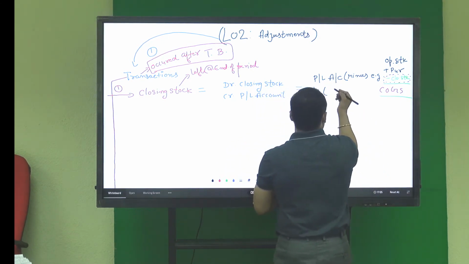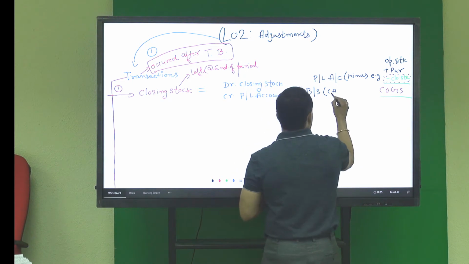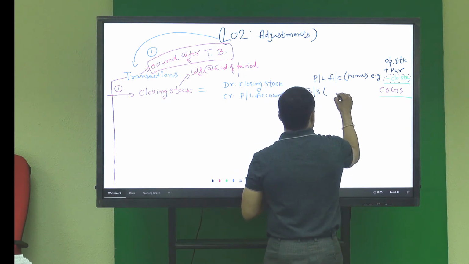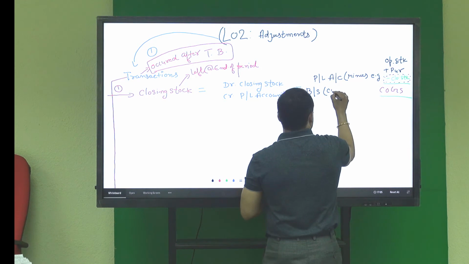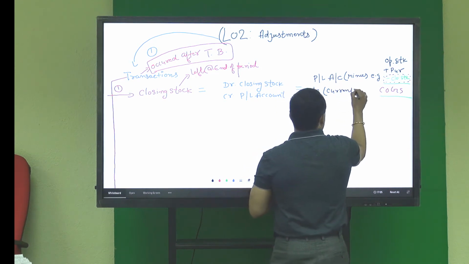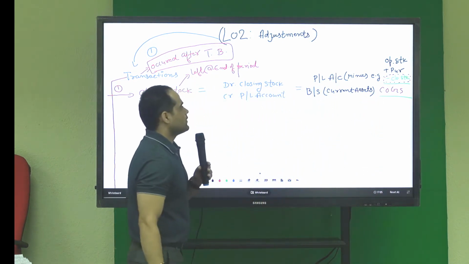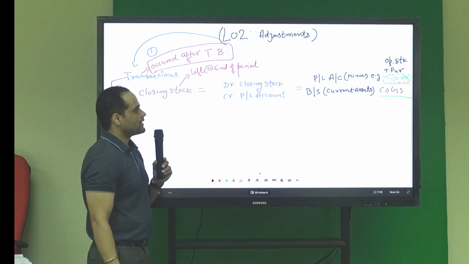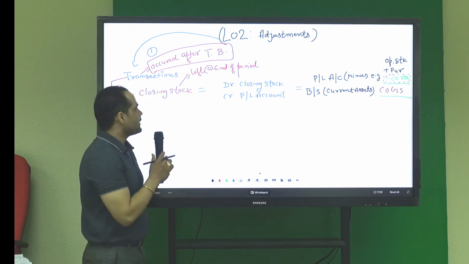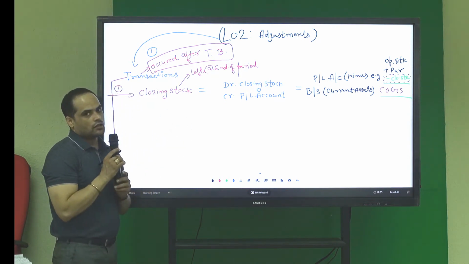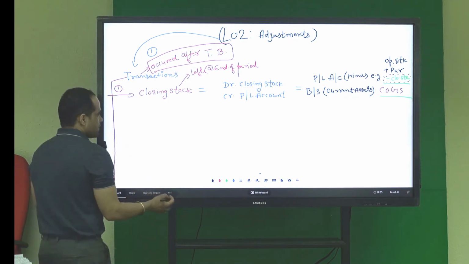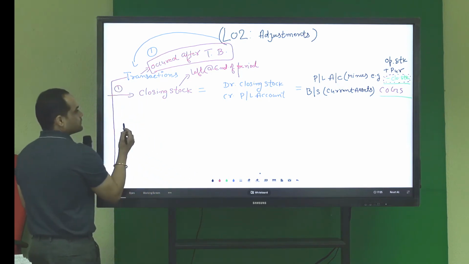So write down here: current assets. Alright? So that's the idea behind the treatment of the closing stock. Alright? Now move on to the second one.